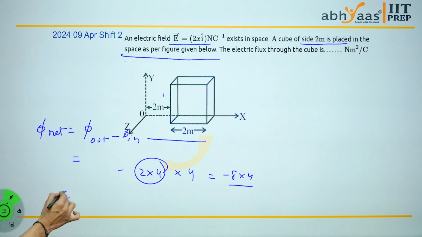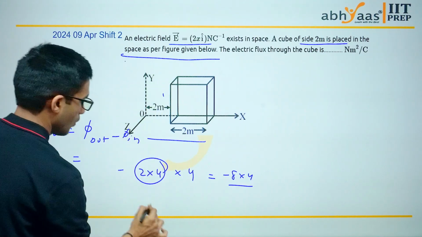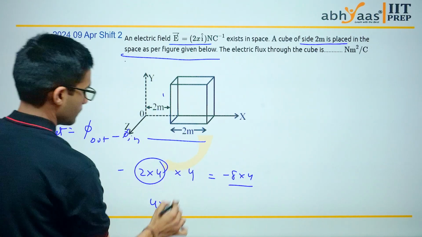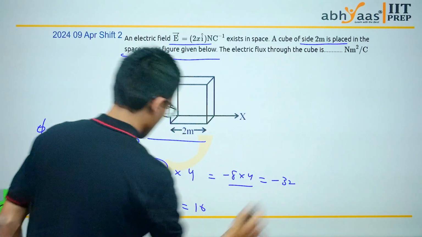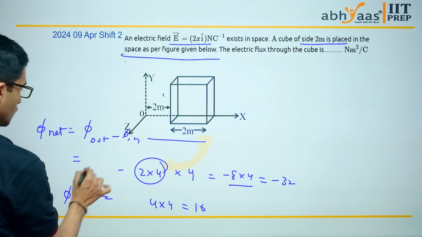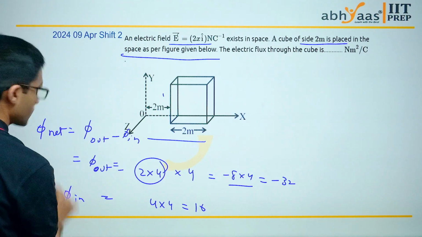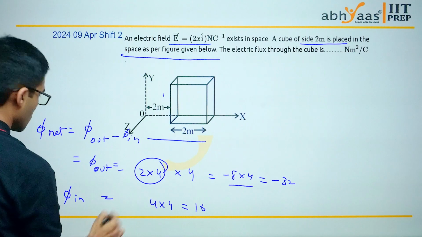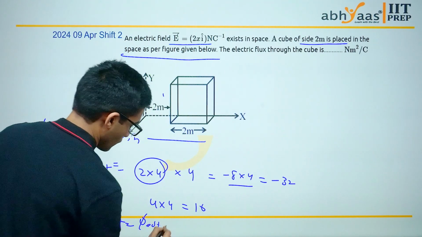Similarly, the other one, if you try to calculate: 2 into 2, 4, into area, again 4, 16. So this is minus 32. This is inside, phi in is 16. Phi net is equal to phi out minus phi in.